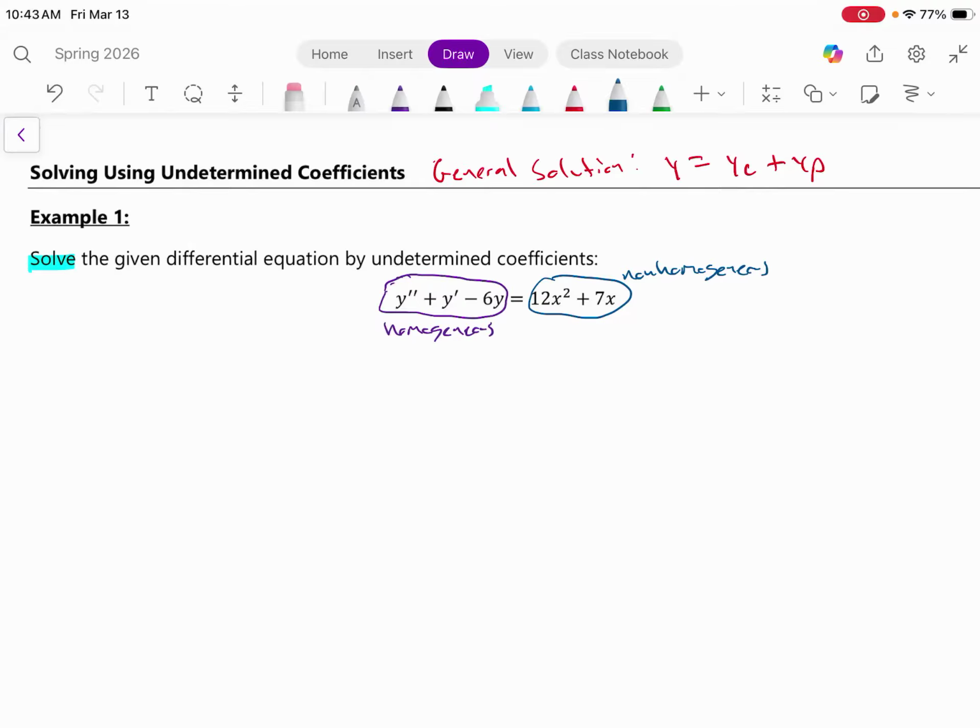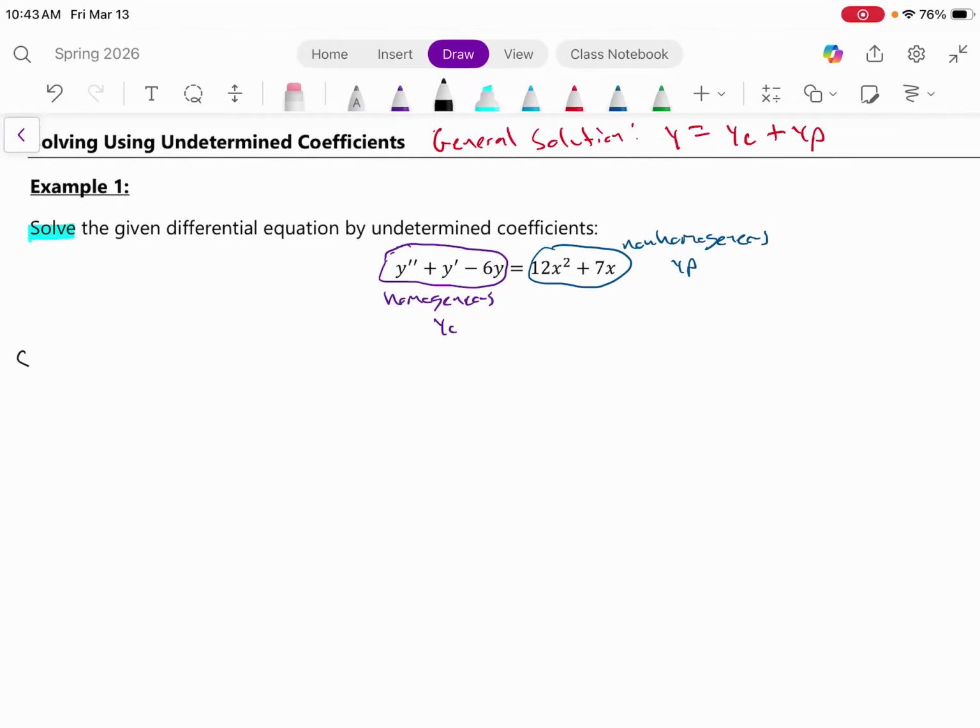From this, we would get our particular solution y sub p, and from our homogeneous, we would get our homogeneous solution y sub c. So we need to solve the homogeneous portion first. That's just the easiest part to do. So we'll do that in step one. Let's go ahead and get started.